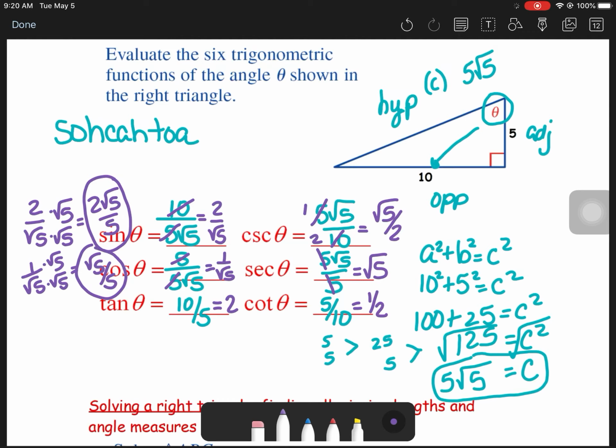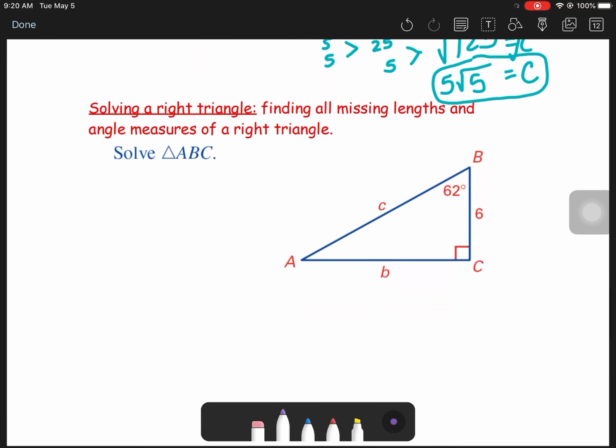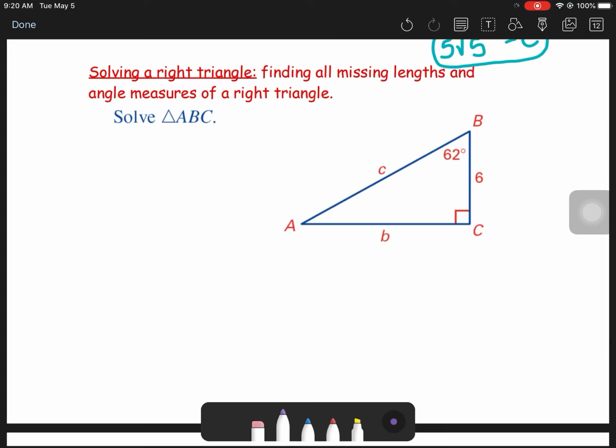Okay, now we want to take a look at solving and finding missing measurements. So if you recall, when we are doing angles of a triangle, this is our 90-degree angle. And the sum of the angles of a triangle is 180 degrees.